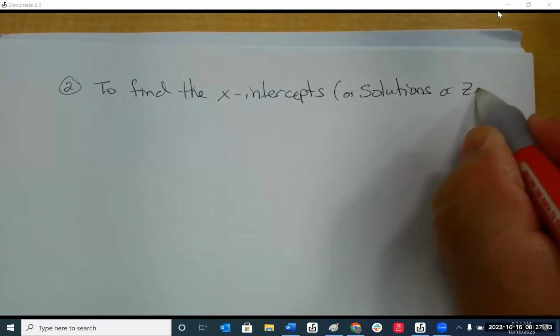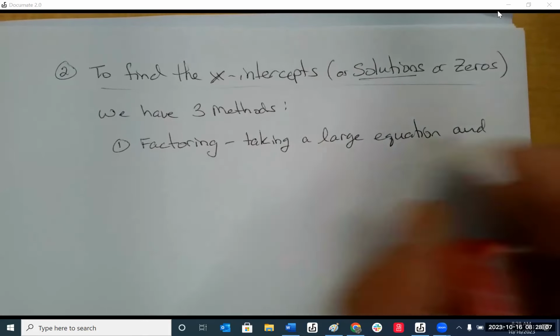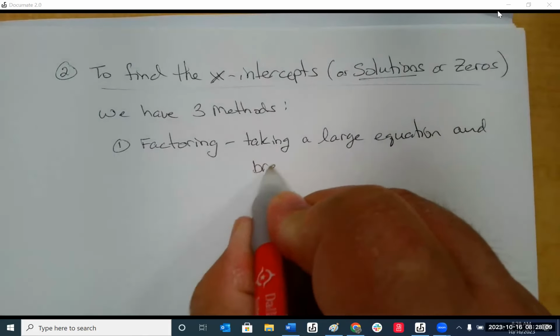Factoring is taking a large equation and breaking it down to smaller and more simple equations.